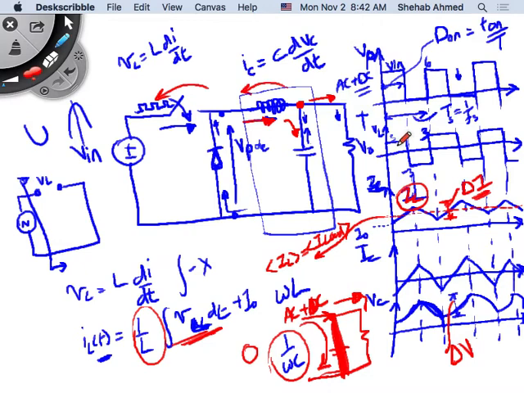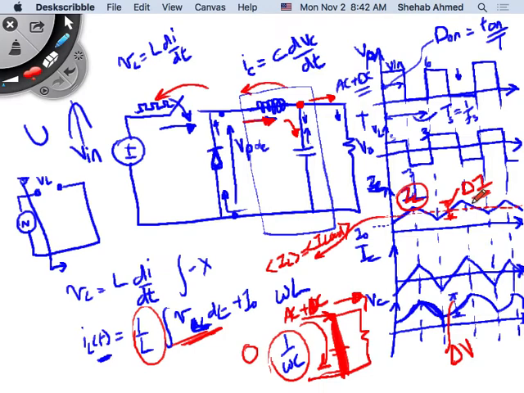I integrated it, it was 3t. If I divide it by a large inductance, the amount of ripple will be very small. If I divide it by a small number, the amount of ripple will be large. So inductance automatically changes the peak-to-peak ripple through an inductor.